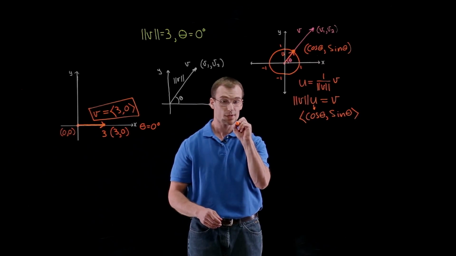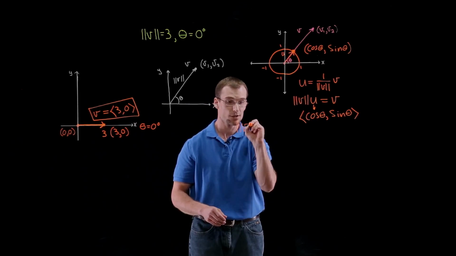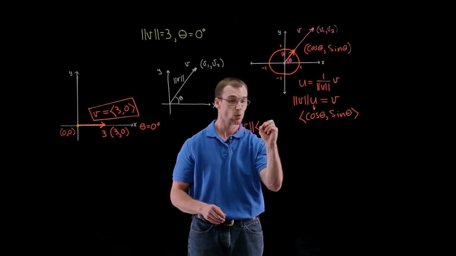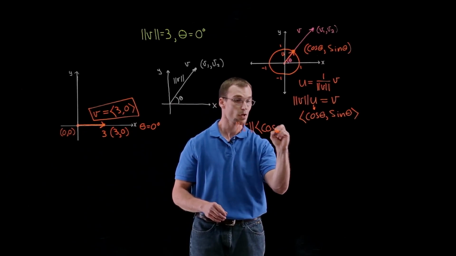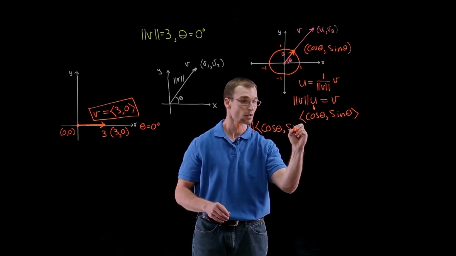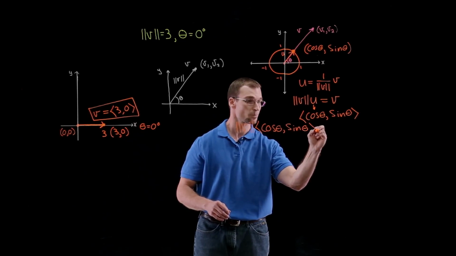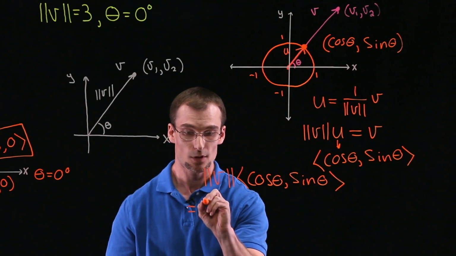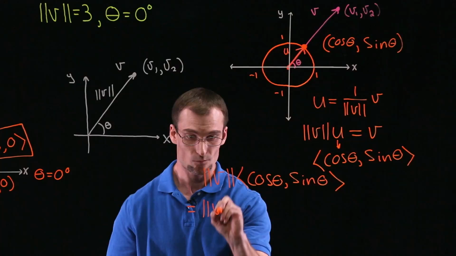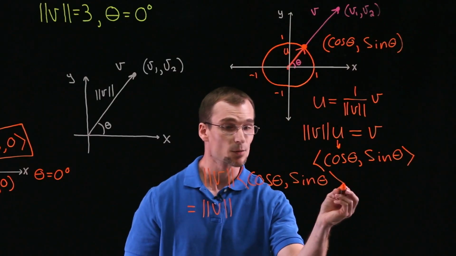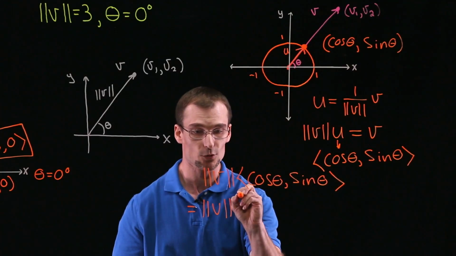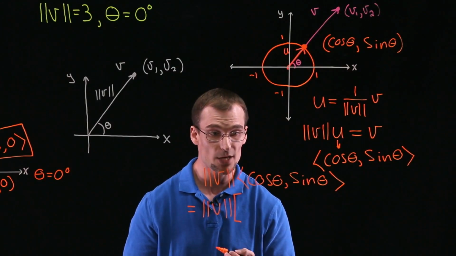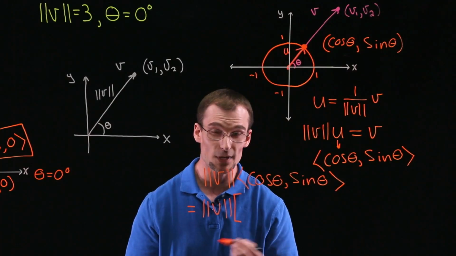We're taking the magnitude of v times u, which we'll write in component form as cosine theta, sine theta. Now, instead of this component form, we're going to write this as a linear combination of the components and the unit vectors i and j.